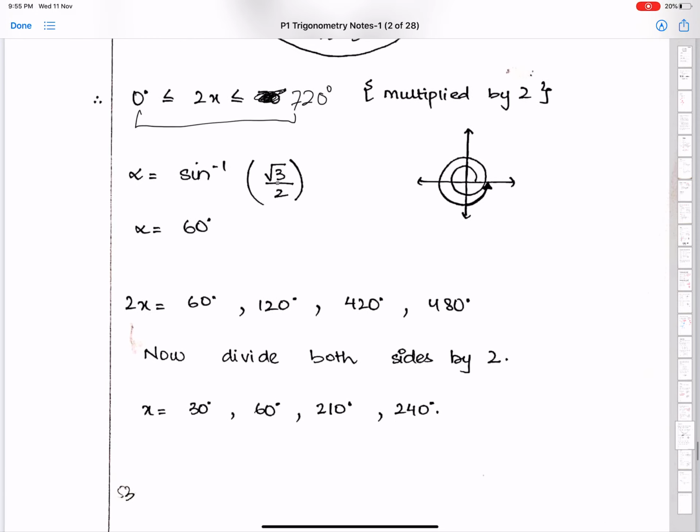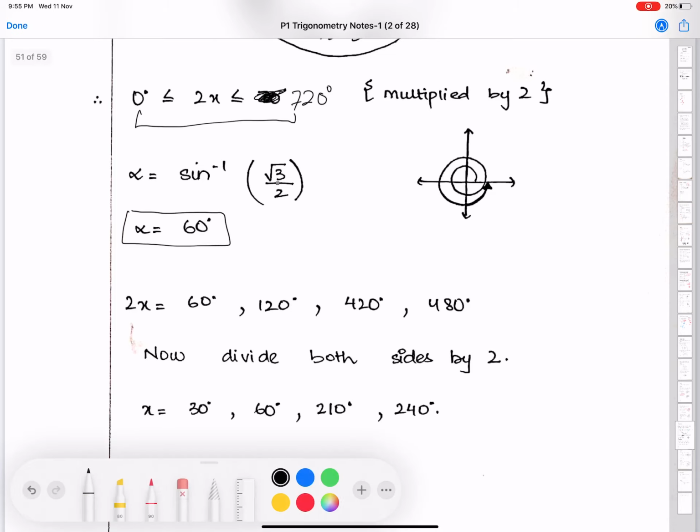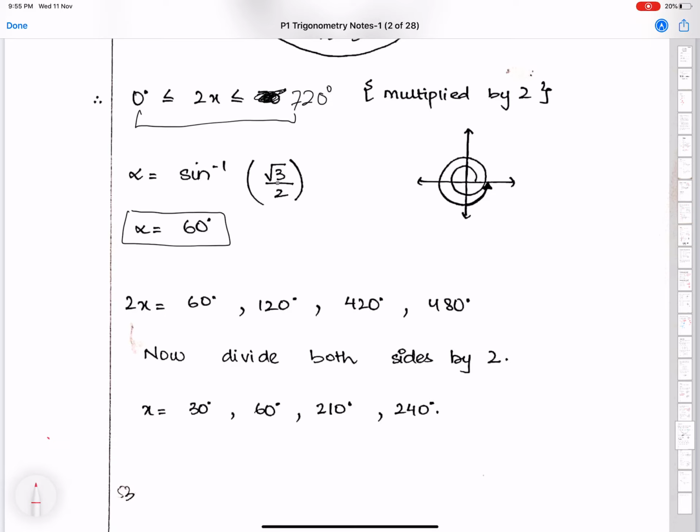So when you take inverse, you'll get alpha 60, and see, since sine is positive, sine must be in the first quadrant and the second quadrant. Therefore the first answer is 60, the second answer is 120.